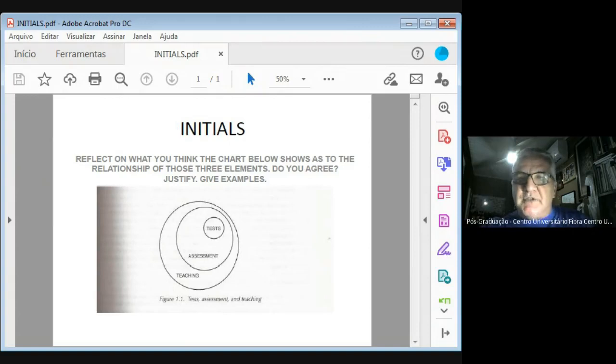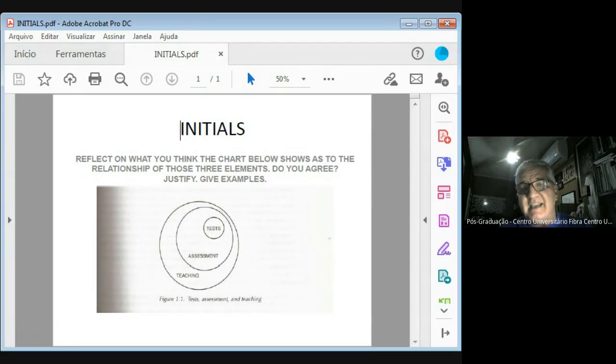We need to call the parents. We need to continue checking on the student only. We don't need the psychologist and we don't need the family. This is a self problem. So this is assessment. The decision is the evaluation. Right?